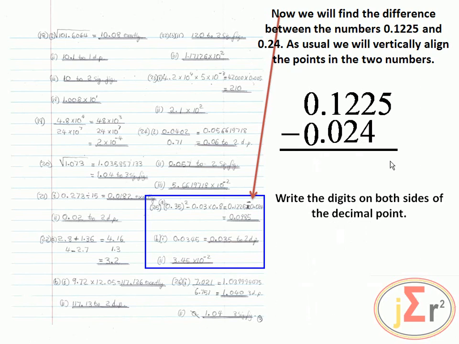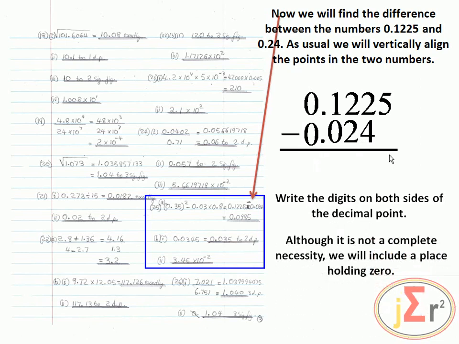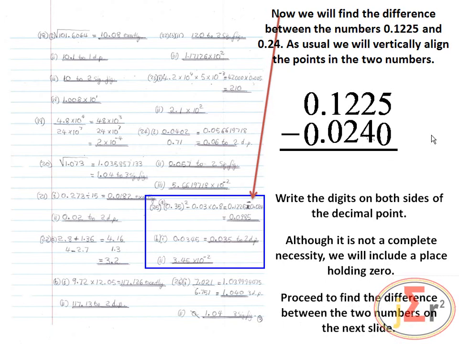Then we will subtract. Although it is not a complete necessity in this particular case, we will include a placeholding 0. Right. Proceed to find the difference between the 2 numbers on the next slide.